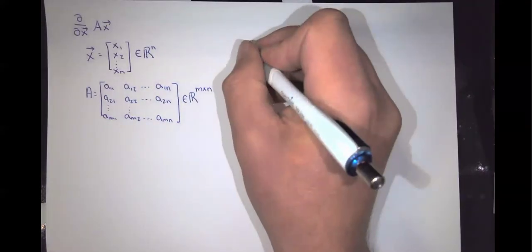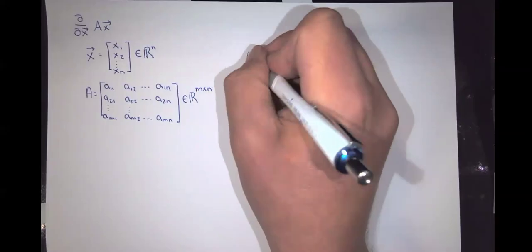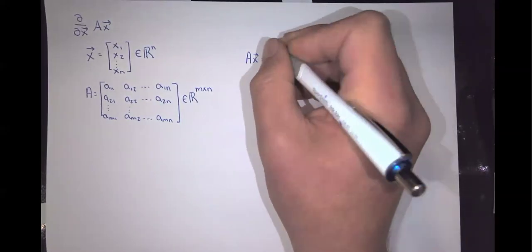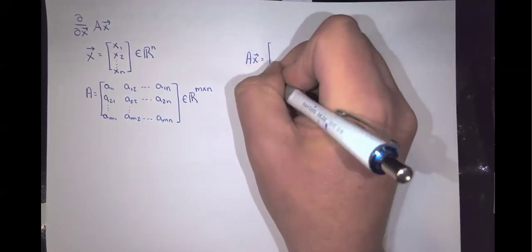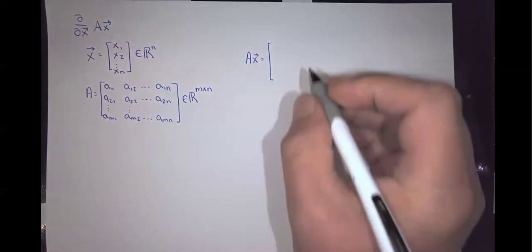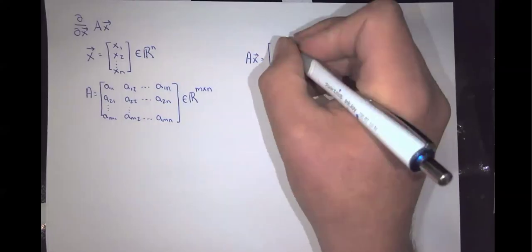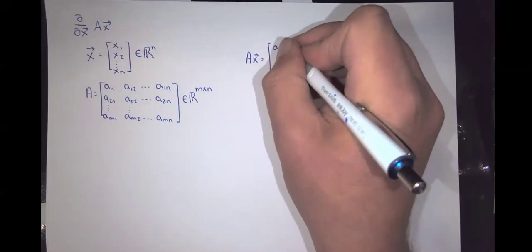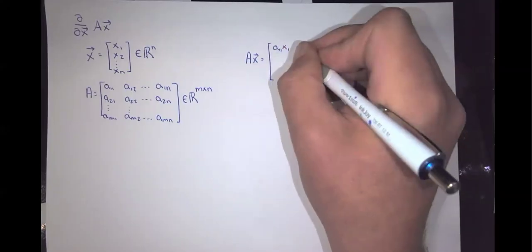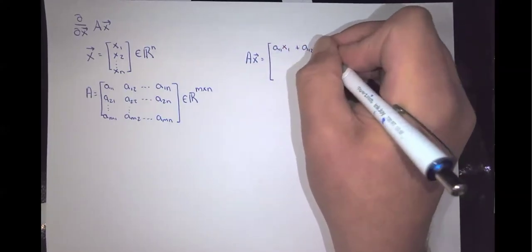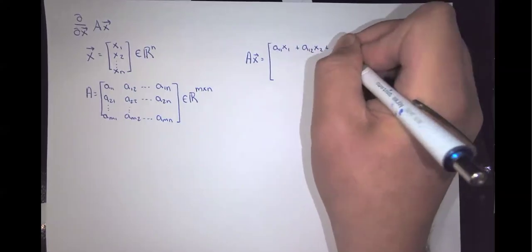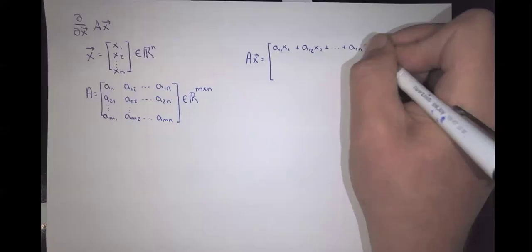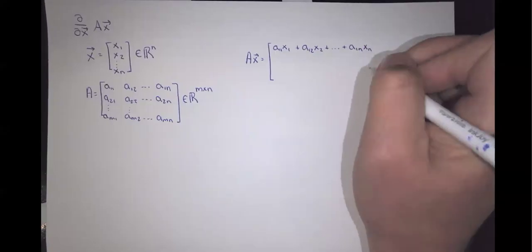which means AX is going to equal, when you multiply these things, A11 X1 plus A12 X2, and so on, A1n Xn.